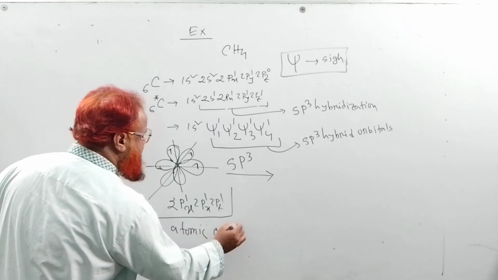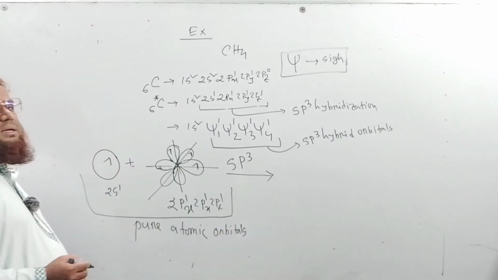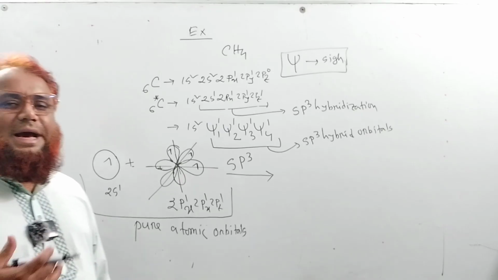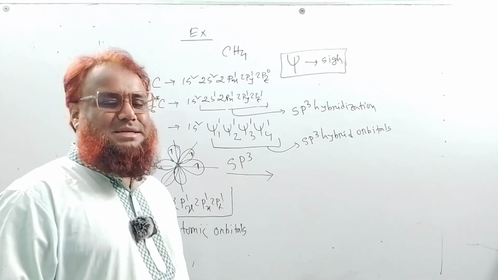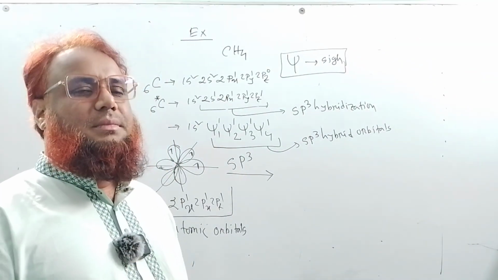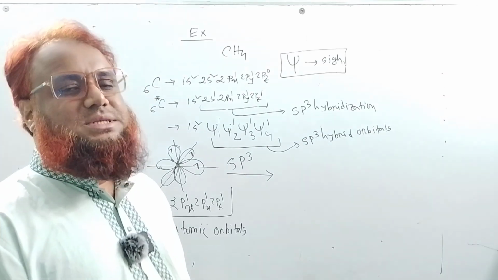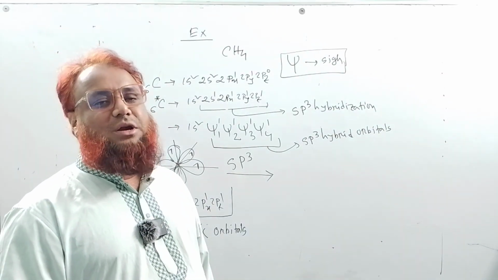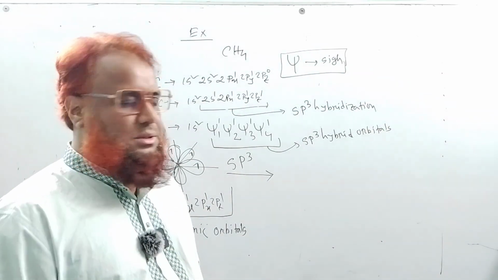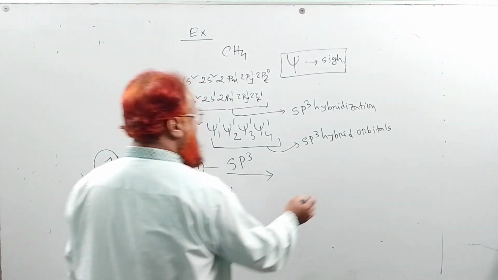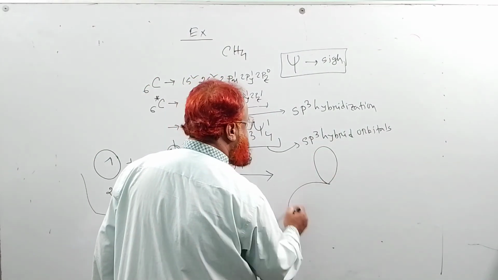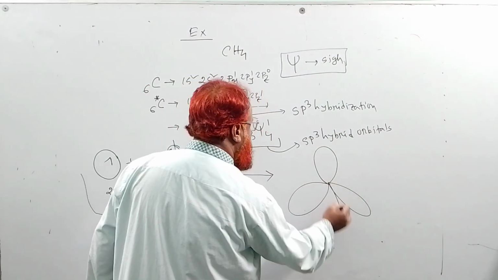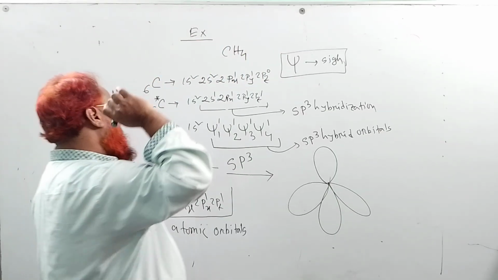When orbitals are not intermixed together, they are pure atomic orbitals. But after the hybridization or intermixing process, the hybrid orbitals will be produced. So, here 4 hybrid orbitals will be produced.